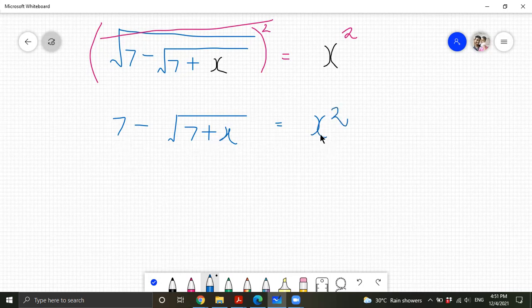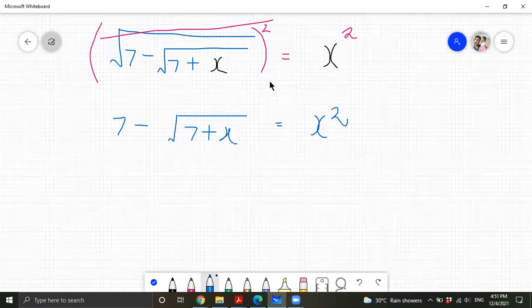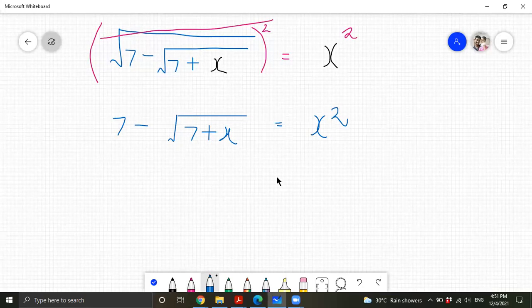But even though there's again a square root inside this, what we'll do is separate this into one side, then square. That will make our life easier.